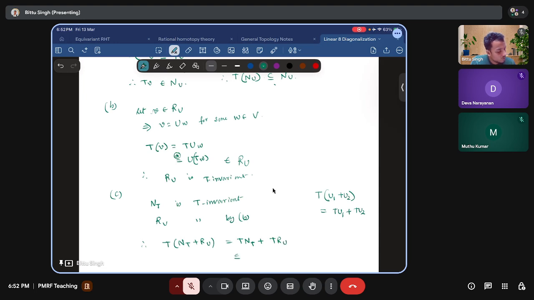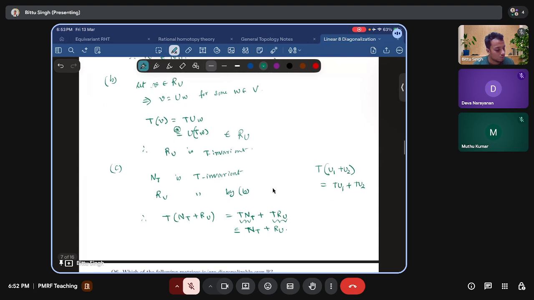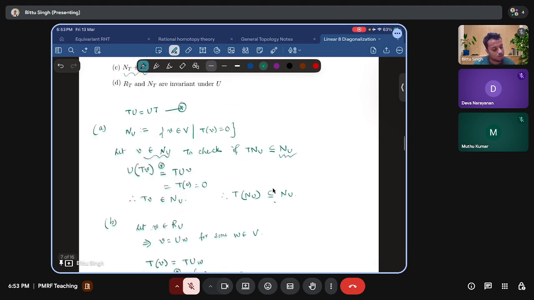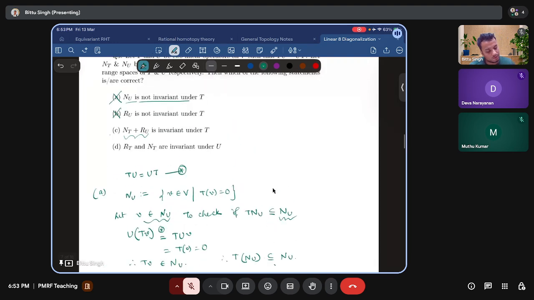But NT is T invariant, so T of NT is contained in NT, and RU is T invariant, so T of RU is contained in RU. Therefore NT plus RU is T invariant. So C is correct.